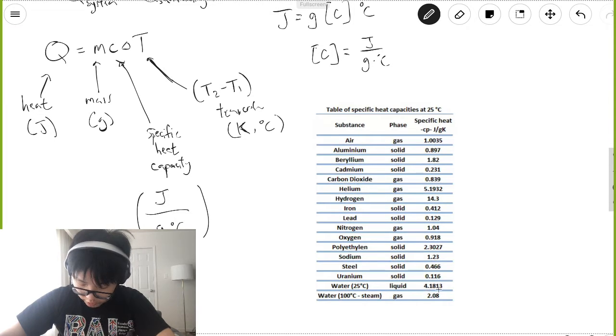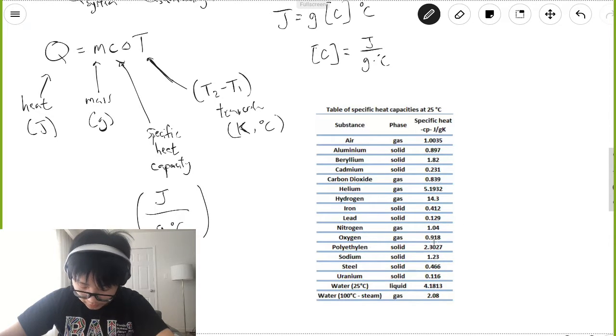If we look at water, water is kind of the standard we measure everything against. Water at 25 degrees Celsius takes 4.181 joules for every gram to raise 1 degree Celsius.